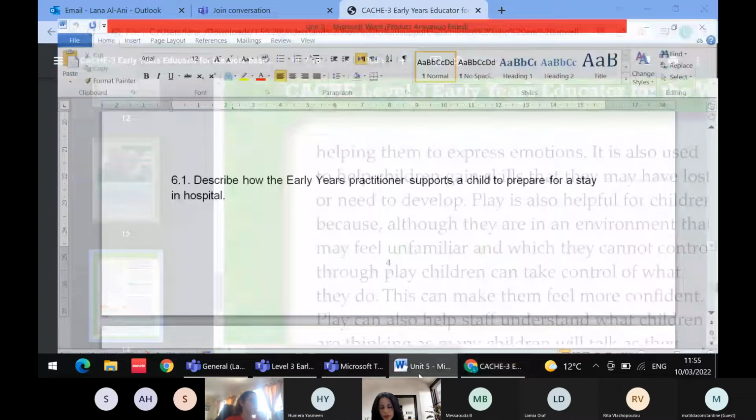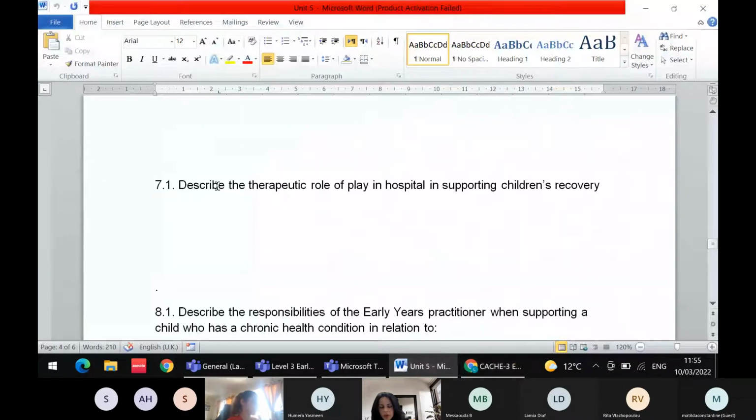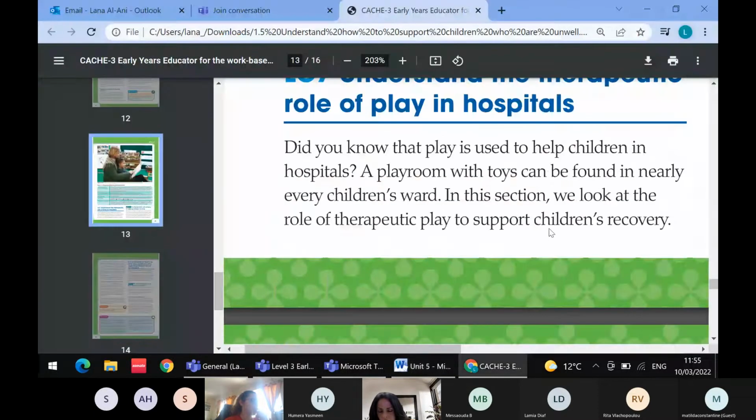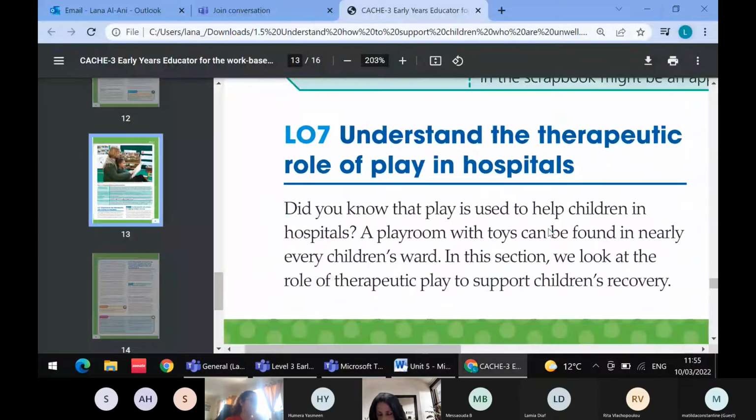Okay, so that's 6.1. Now 7.1, describe the therapeutic role of play in hospital in supporting children's recovery. So when they do role playing, it's like a therapy for them.